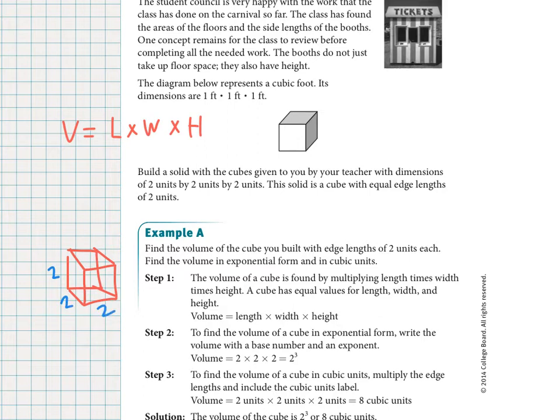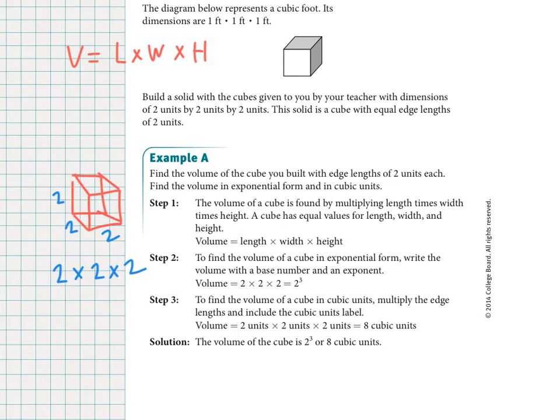To find the volume down at step 2, we're going to write the volume with a base number and an exponent. Since volume is length times width times height, it is 2 times 2 times 2. We saw a little bit in the previous section about bases and exponents, that this is really just 2 being multiplied by itself a total of 3 times.